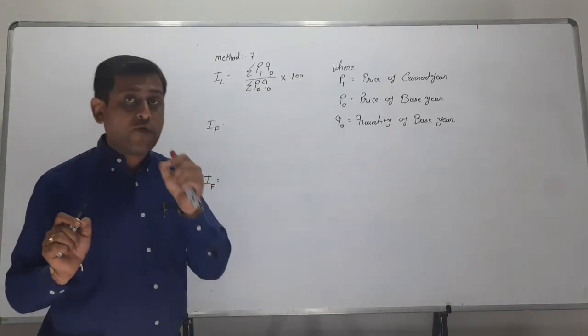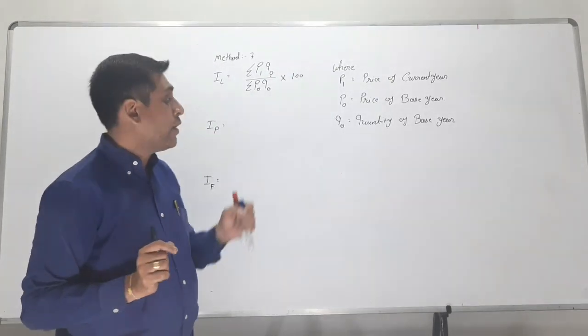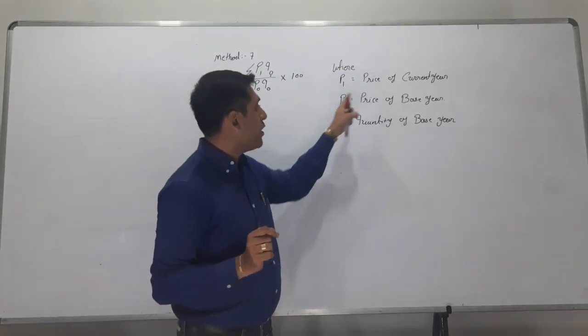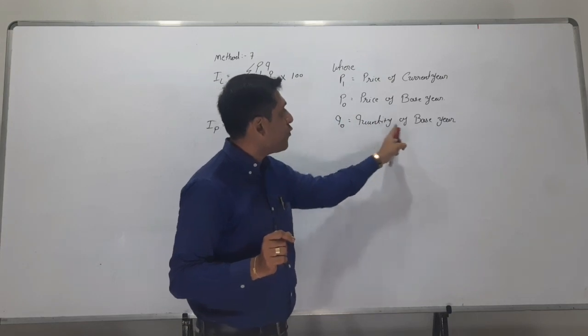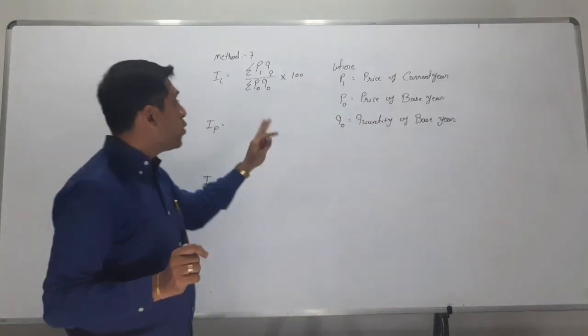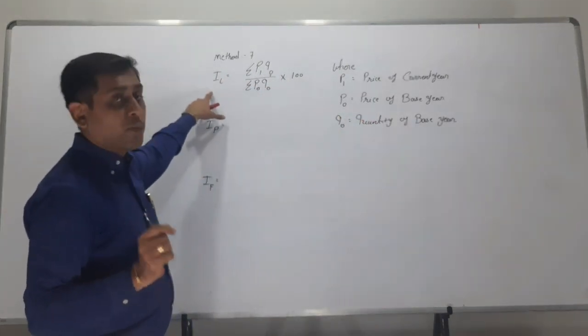What information is first of all given in the question? Price of current year, price of base year and quantity of base year is given. Then you can use Laspeyres formula.